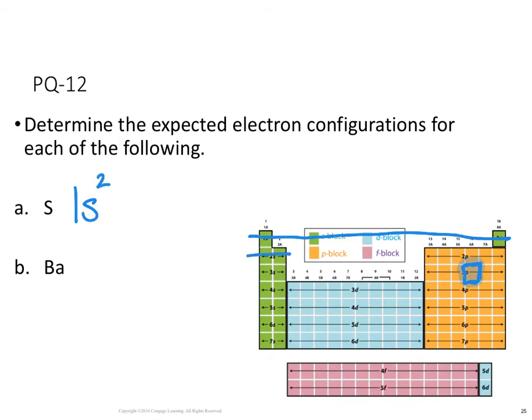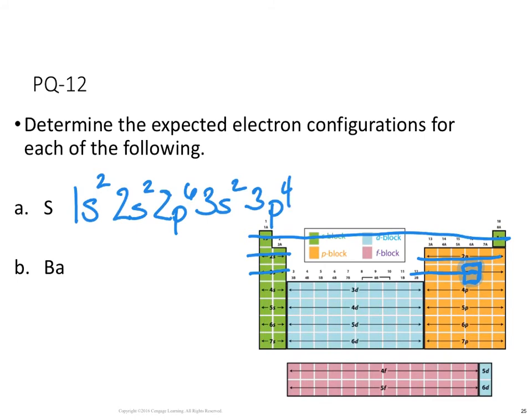Second row I have 2s, and there's 2 spots. Next is 2p, and I have 6. 3s, and there's 2, and then 3p, and I'm going to stop at the 4th block over, so this is going to be 3p4. So there's your electron configuration for sulfur.